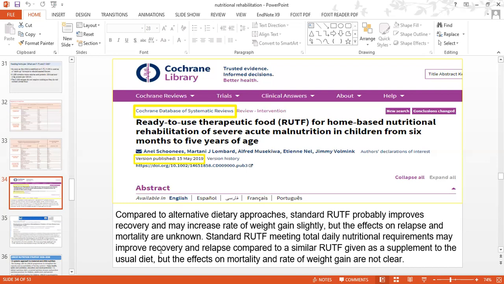The standard RUTF meeting total daily requirements may improve recovery and relapse compared to similar RUTF given as a supplement to usual diet, but effects on mortality and rate of weight gain were not clear in this systematic review in 2019.